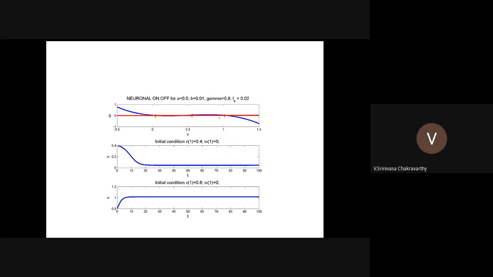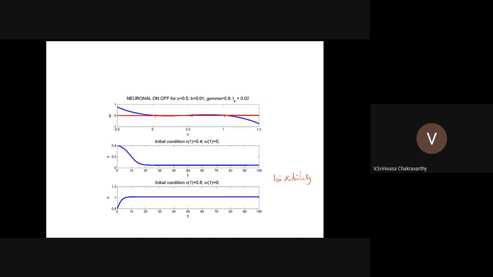So depending upon the initial condition, if we start from say 0.4, it goes to 0, which is the lower fixed point, and if it starts from 0.8, it goes to the higher fixed point, which is 1. This kind of property is called bistability, which means there are multiple, here two, stable states.